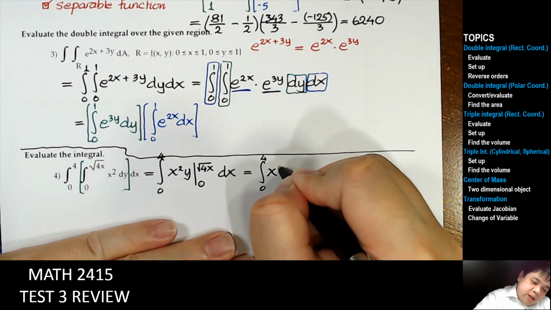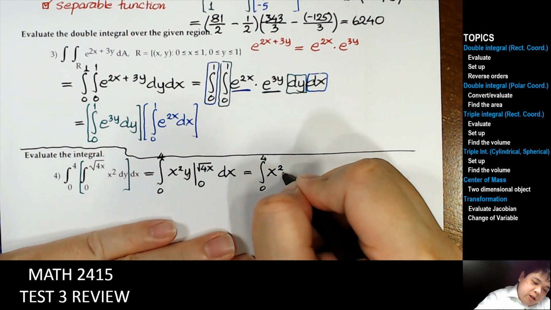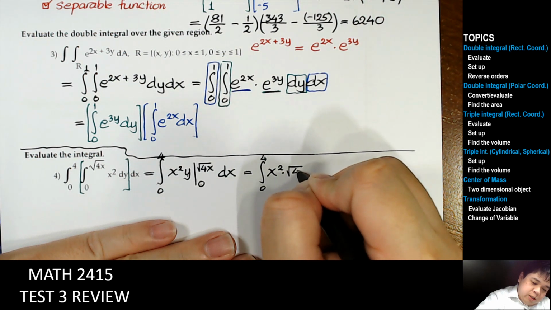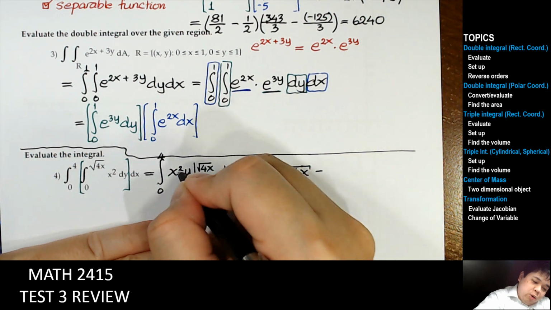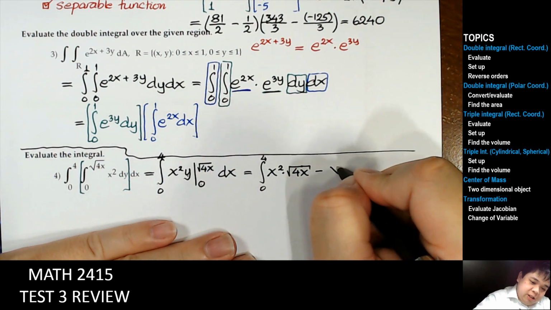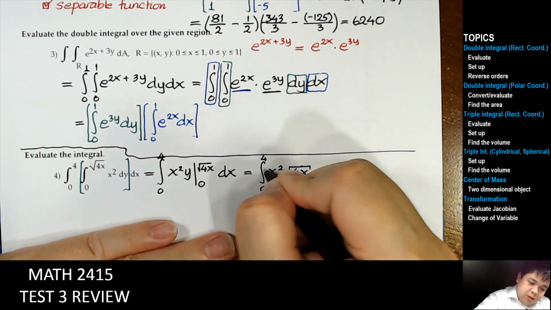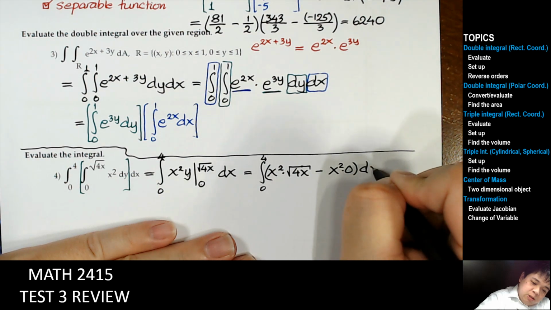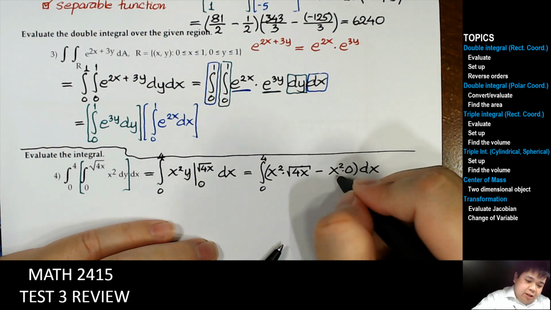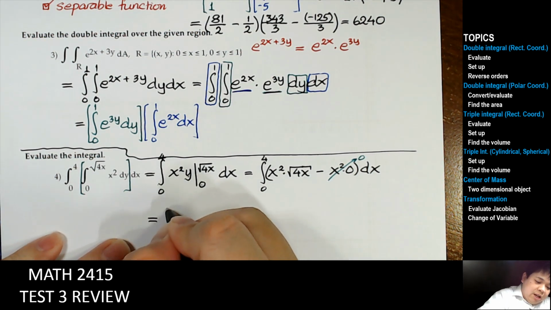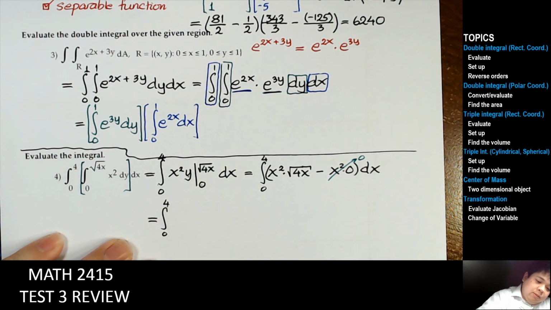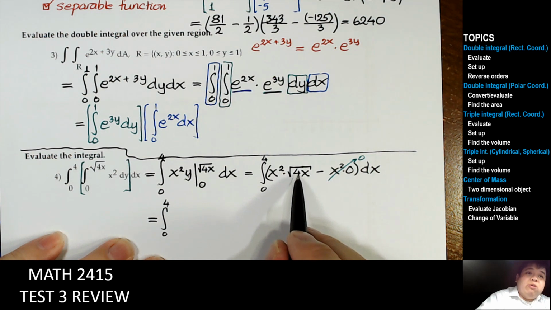So we're going to put this in for y, x squared times the square root of 4x, minus where we put 0 in for y. That one cancels. So just have from 0 to 4. Square root of 4 is 2.